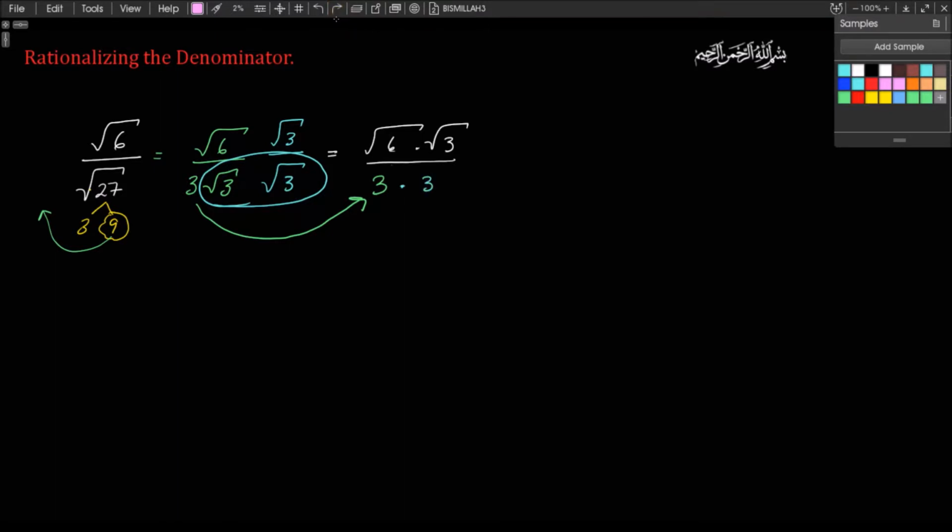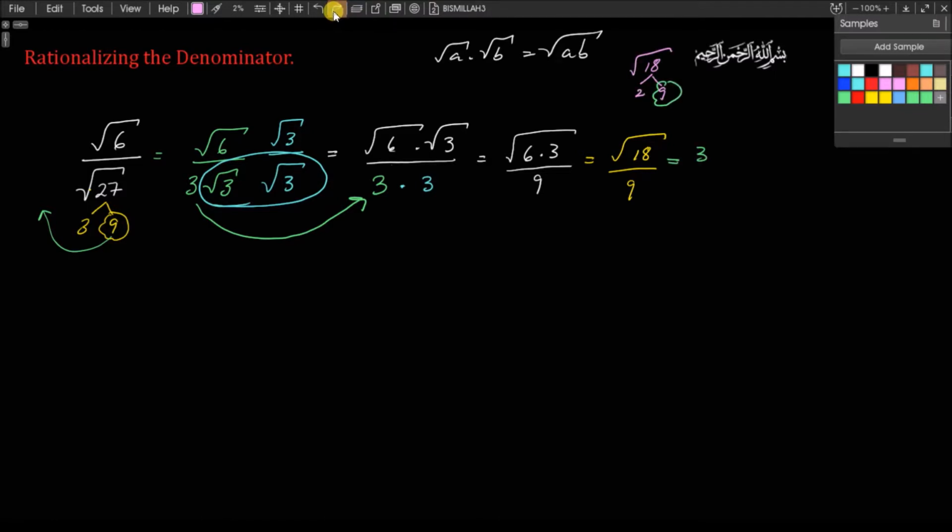Now this got rid of the square root from the denominator. Then we simplified this, and we were still not done because the square root of 18 could be simplified by prime factorization of 18. So square root of 18 became 3 times square root of 2, and finally we simplified this fraction and we had square root of 2 over 3 as the final answer.